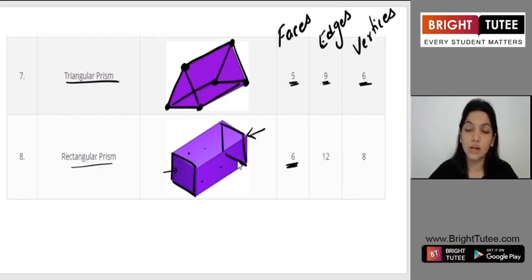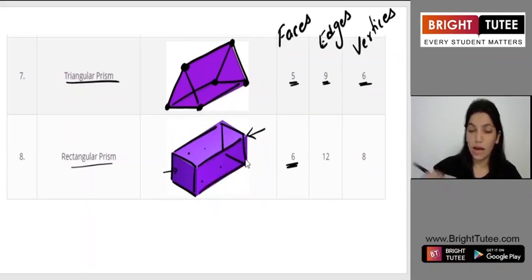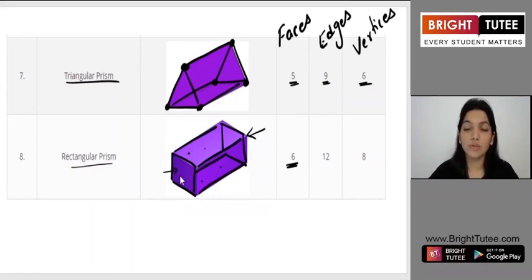These are the two faces that we have just calculated. Now the other ones, 1, 2, 3 and 1 will be exactly sitting here at the back. So it has got total of 12. So 1, 2, 3, 4, then 5, 6, 7, 8, 9, 10, 11, 12. So 12 is the total number of edges in a rectangular prism.